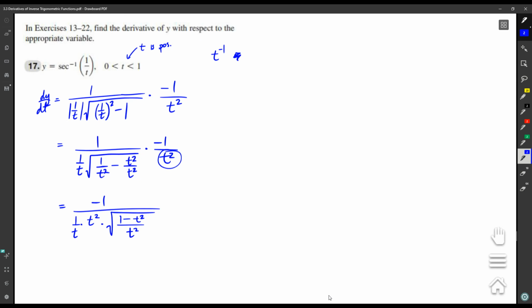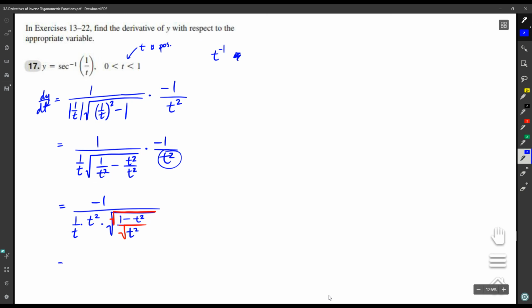And that's interesting to me because I know that the quotient of a radical is the same as the radical of the quotient. So I can think about this piece as being the square root of 1 minus t squared over the square root of t squared. And the square root of t squared is, of course, t.